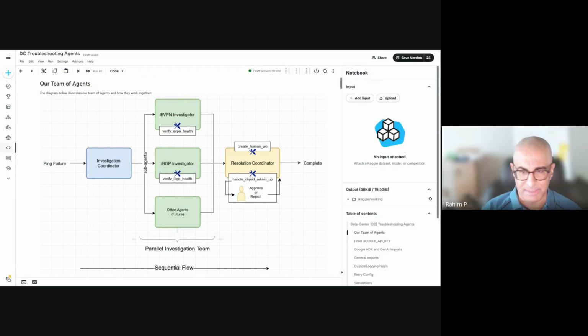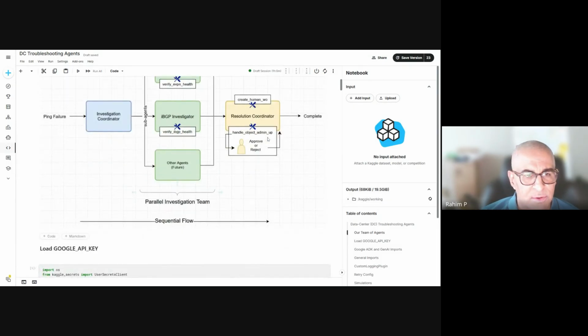So a human must approve any changes that the agent makes in the network. For issues that the resolution coordinator cannot resolve or is not allowed to resolve, the resolution coordinator will immediately create a work order for the human to complete.